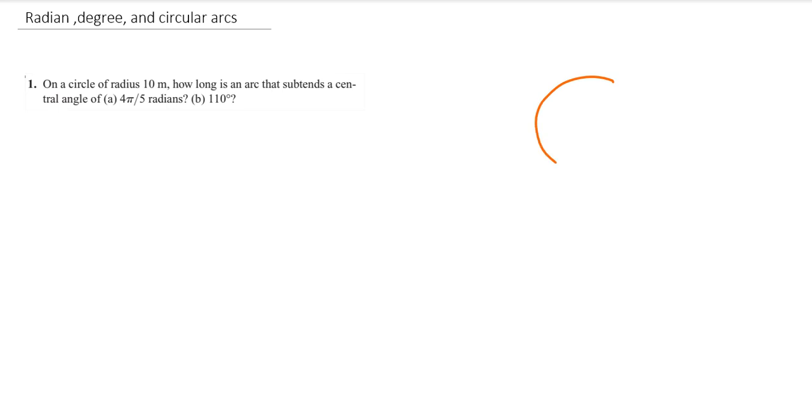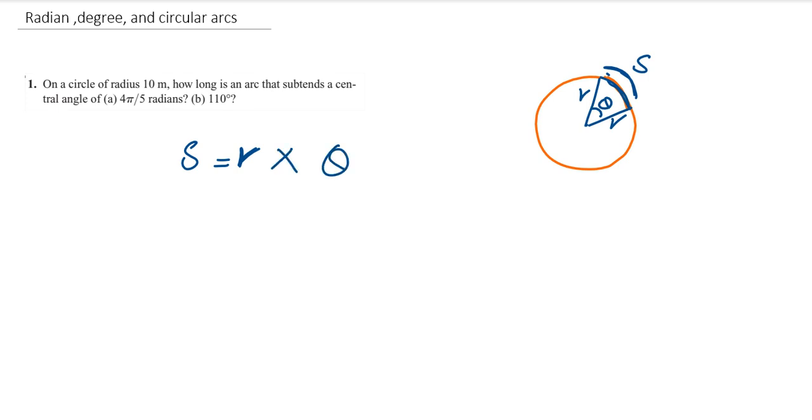So we know that it's a circle, and over here this is the arc that subtends the central angle, let's say theta, and over here we do have the radius. Let's say the arc length is S. So we have the formula to find the arc length by using the radius times the angle.